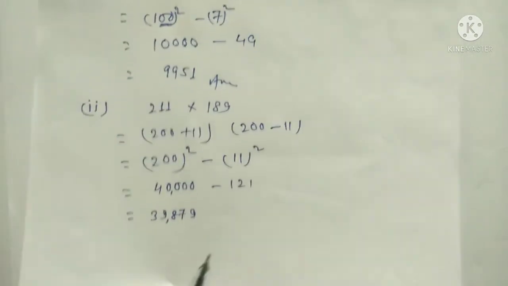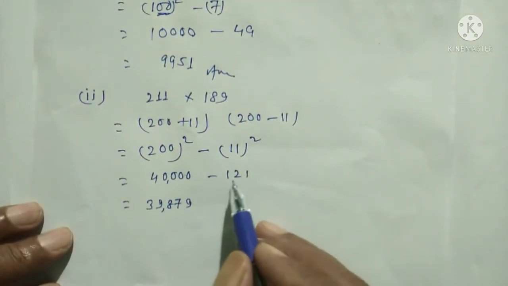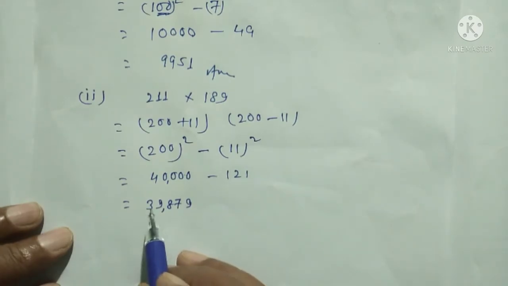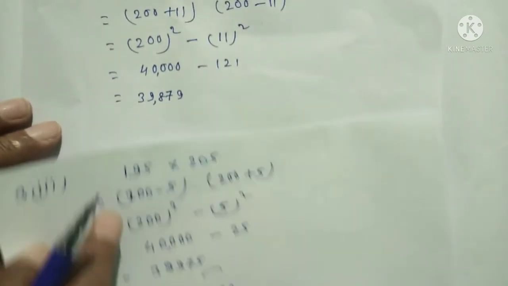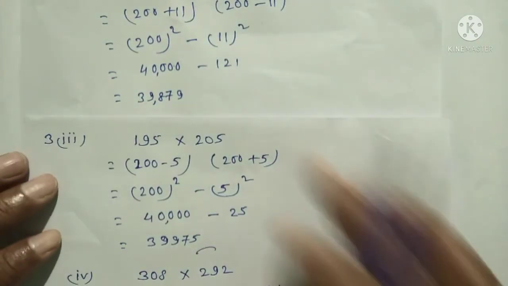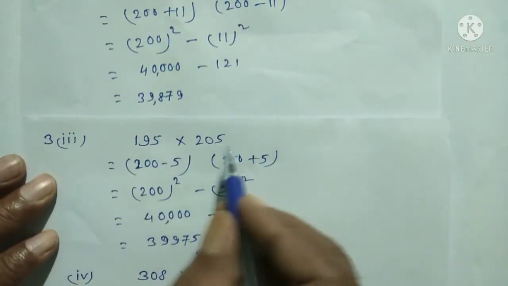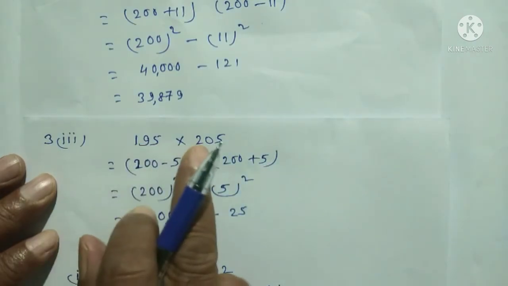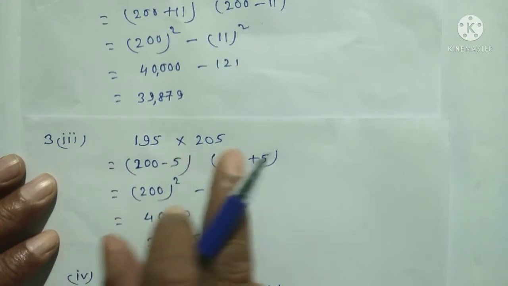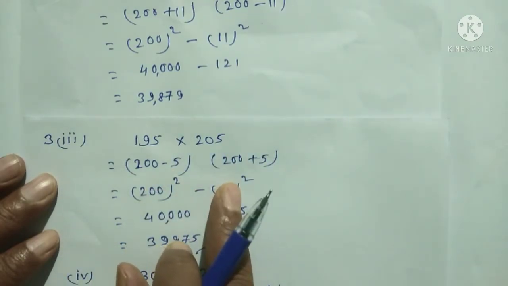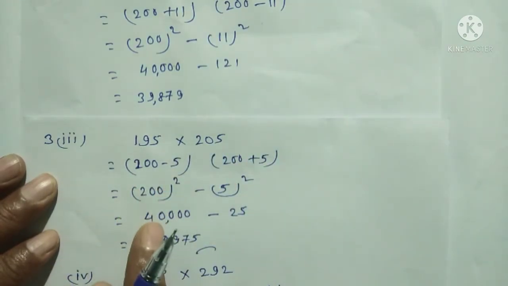Now subtract it: 40,000 minus 121 will be 39,879. In the same way, 195 into 205. It is 200 minus 5 and 200 plus 5. a square minus b square: 200 square is 40,000, 5 square is 25. Subtract it, 39,975.